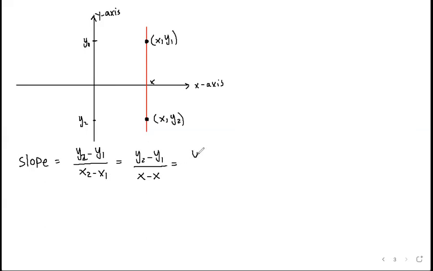So I get y2 minus y1 over 0. So undefined. So the slope of any vertical line is always undefined.